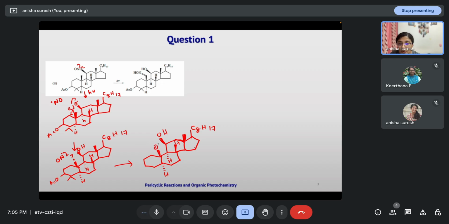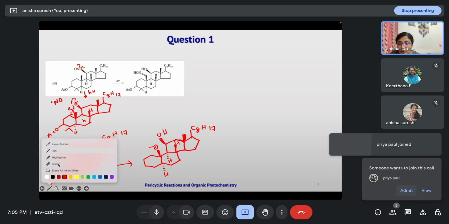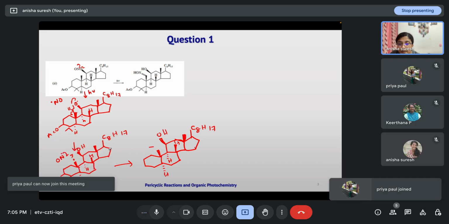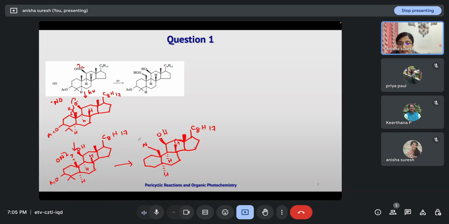Here, sorry, CH2, it will be CH2 in double bond O. Okay. So this, if it will tautomerize, it will result in the formation of oxime.